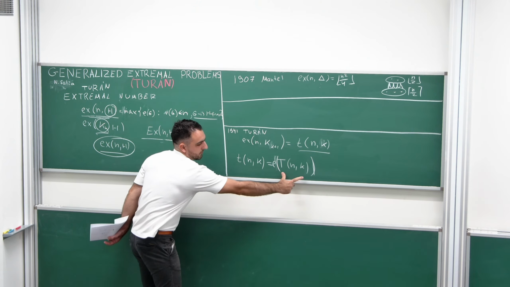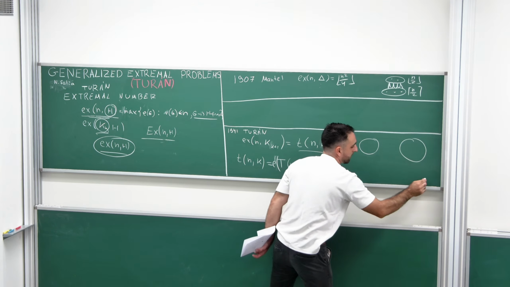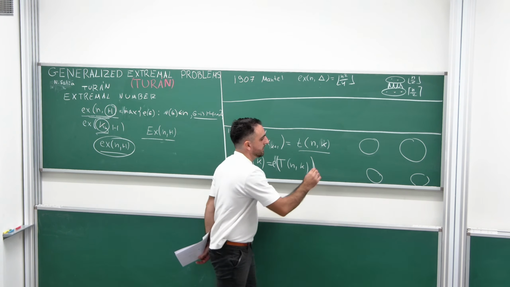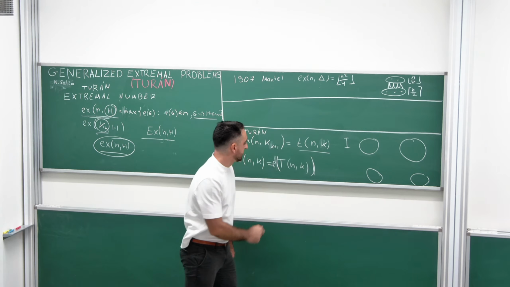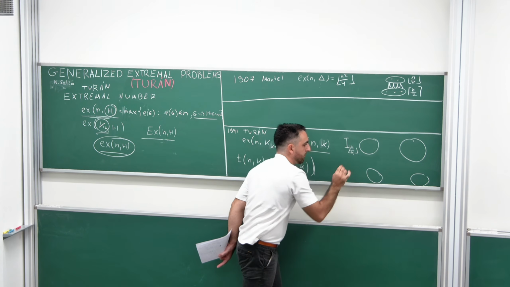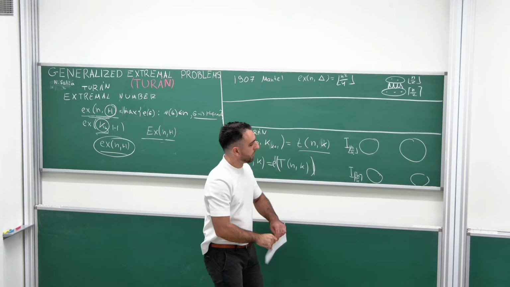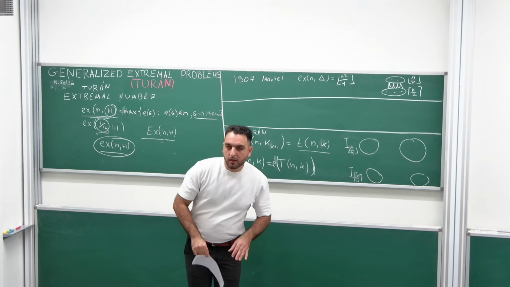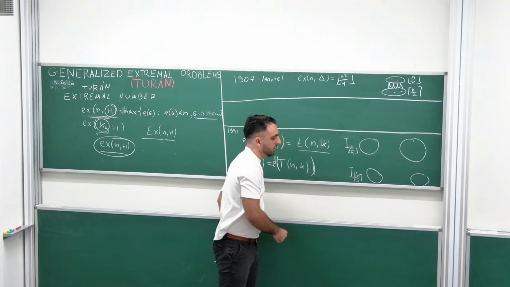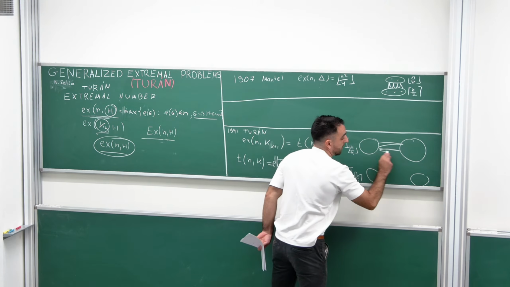Now I need to describe this graph. We have independent sets, each of size roughly n over k. What does roughly mean? It's either floor or ceiling. So the graph is composed of independent sets, k of them, and we have all edges in between.